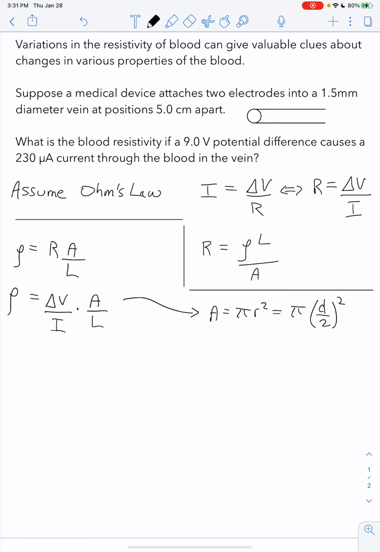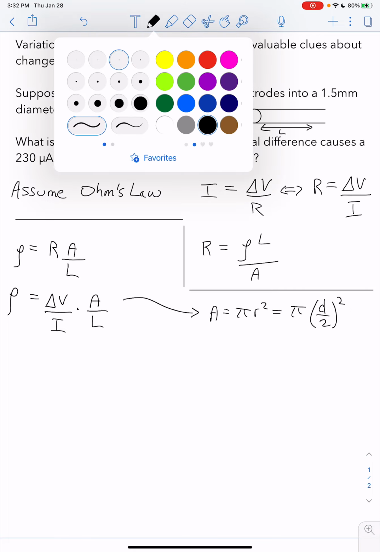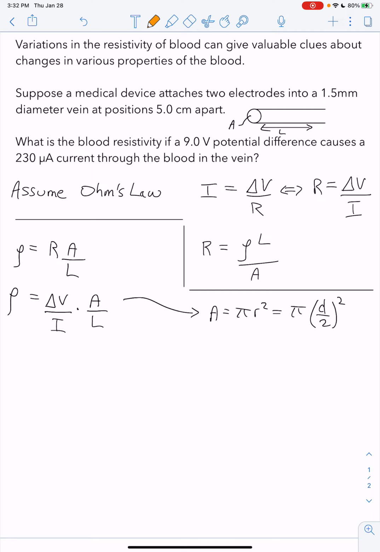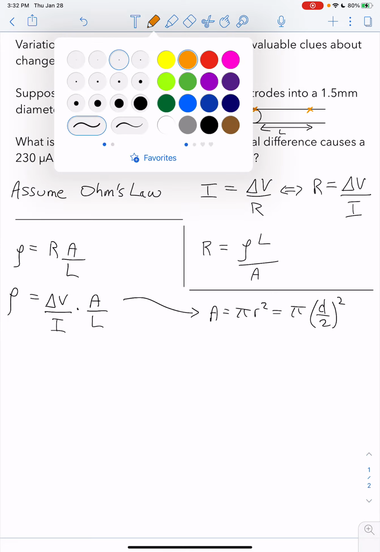This is our vein, and so we've got this area here, and we're given the diameter, and we're going to look at some length here, and that length is given to us because it says, well, we're going to attach two electrodes 5 centimeters apart. So we're going to do something like, attach one there, and attach one there, and then this length will be 5 centimeters.